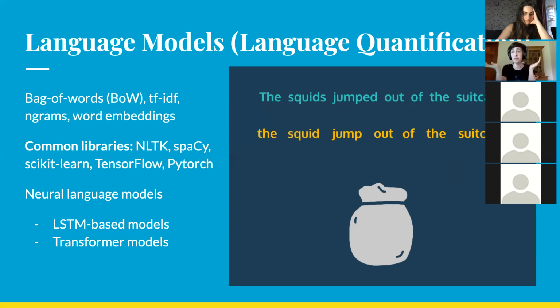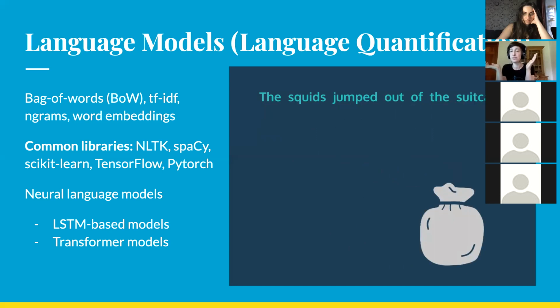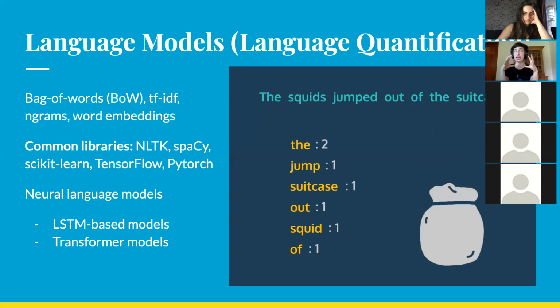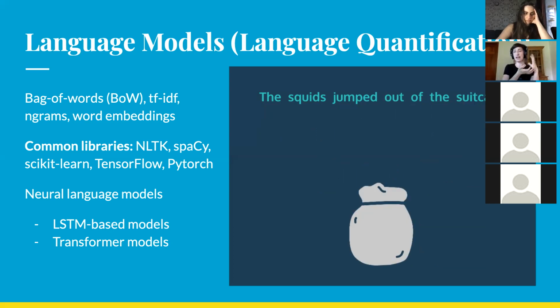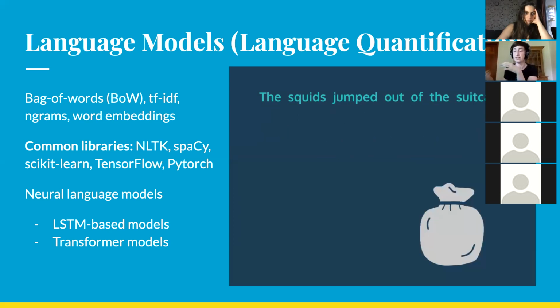And then transformer models are getting more and more used. It's usually a pre-trained model that has a bunch of information already inside of it before you even start to train it on your particular data set.